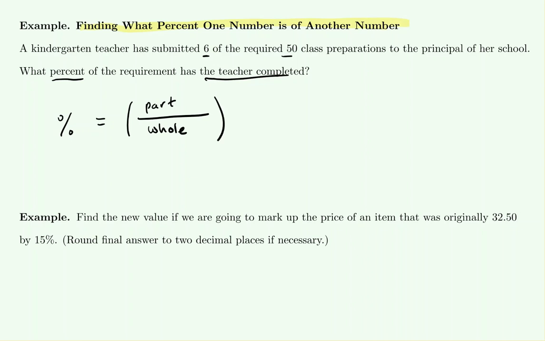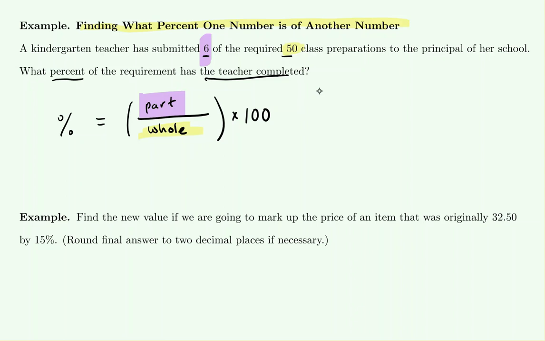And then to make sure it's a percentage, if you just do this fraction, it's going to be a decimal. And we know we can change decimals to percent by moving 2 places to the right. That's equivalent to multiplying by 100. So we could remember this formula. To find a percent, you take the part, divide it by a whole, and multiply by 100. So in this case, the part is the 6 out of the whole 50.